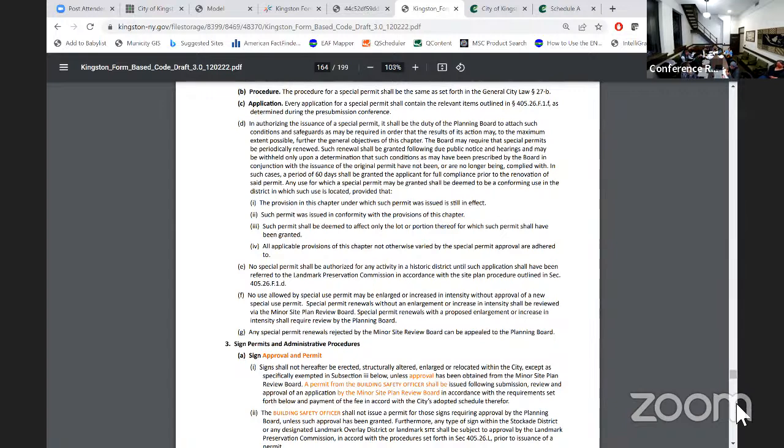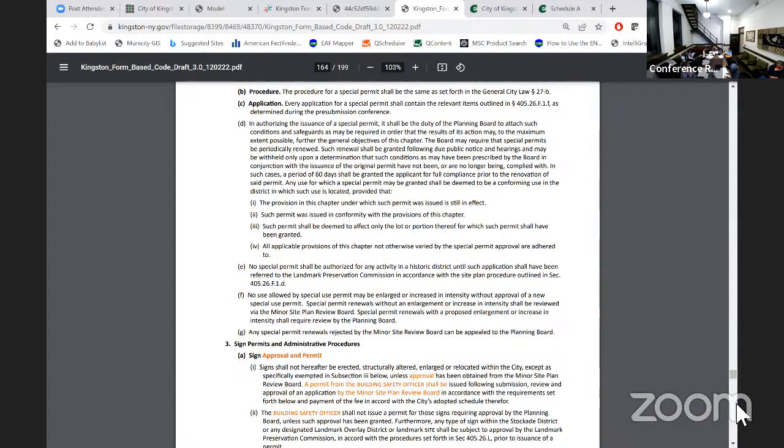Okay, in paragraph F, just below that, it says no use allowed by special use permit may be enlarged or increased in intensity without approval of a new special use permit. Special permit renewals without an enlargement or increase in intensity shall be reviewed via the minor site plan review board.